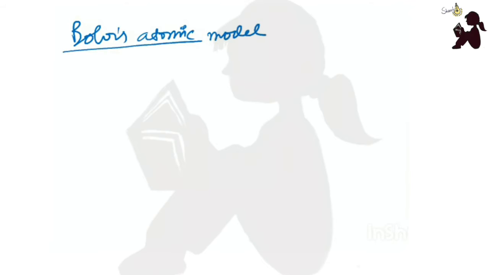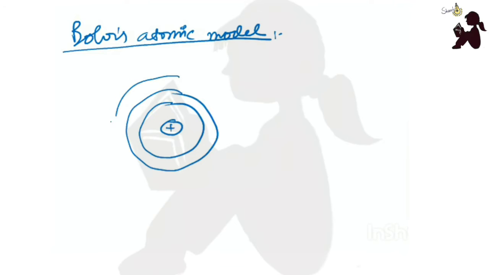So we're gonna discuss a model which comes very often, that is Bohr's atomic model. For Bohr's atomic model, first we're gonna discuss the postulates. Bohr said that around the nucleus in circular ways, electrons revolve like this.